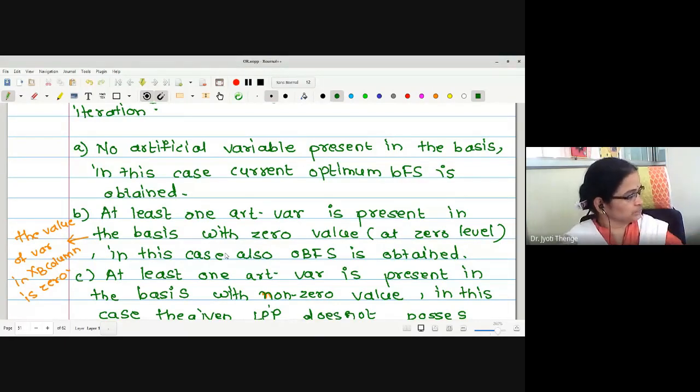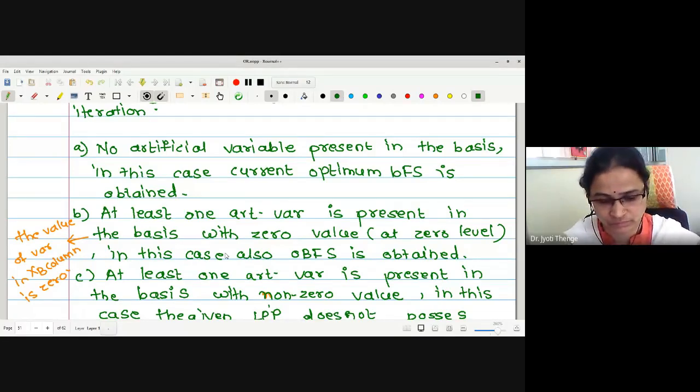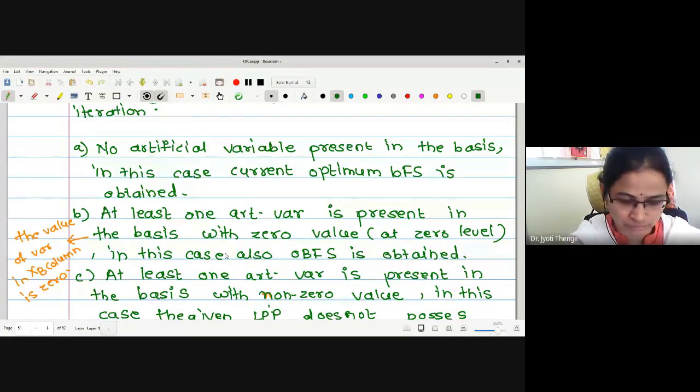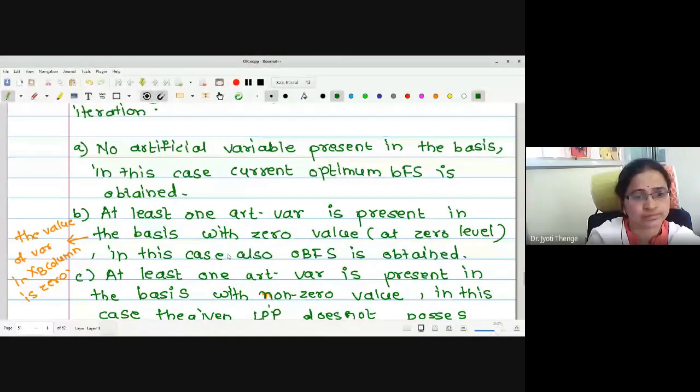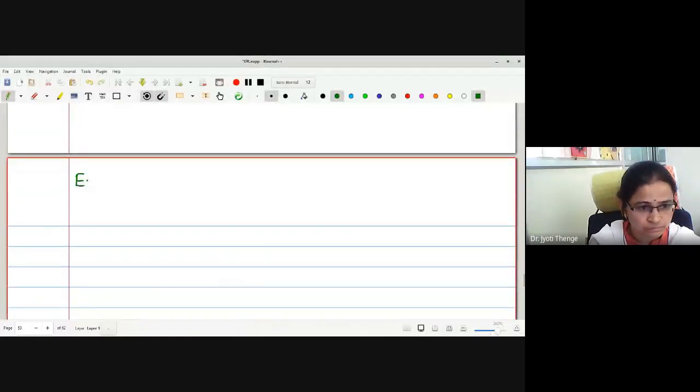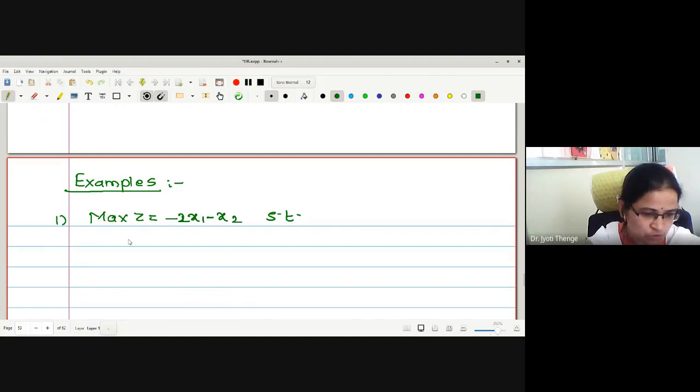Let me take the first problem. Maximize z equals minus 2x1 minus x2 subject to the constraints 3x1 plus x2 is equal to 3.